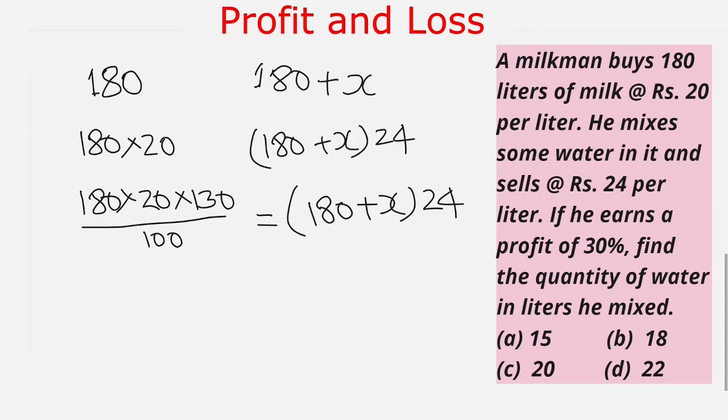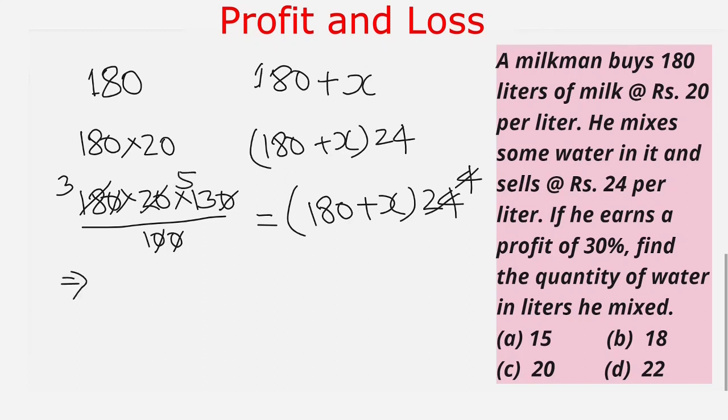Now we have to find the value of X. The 0 of 180 and the 0 of 130 are cancelled by the 0s of 100 in the denominator. Now 6 cancels 18 three times and 24 four times, and 4 cancels 20 five times.